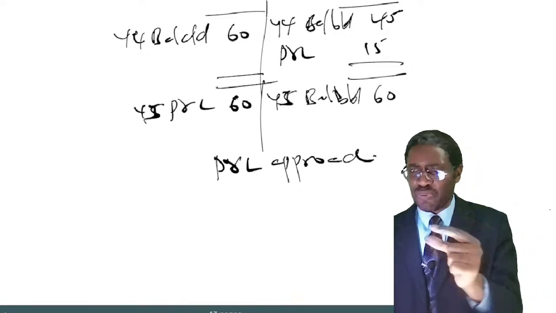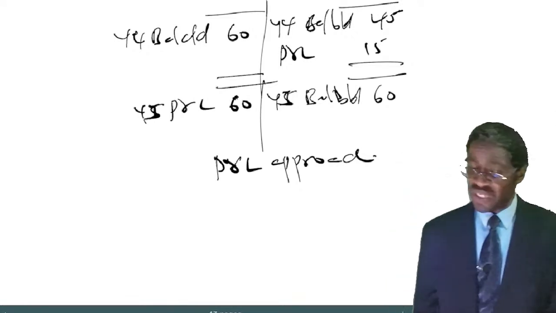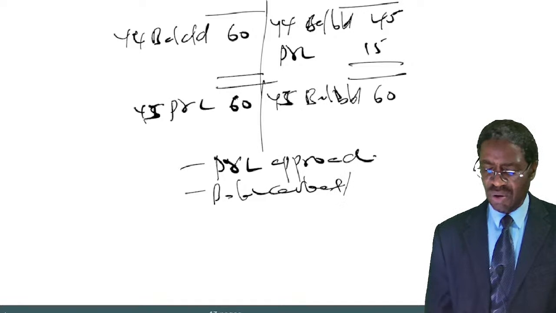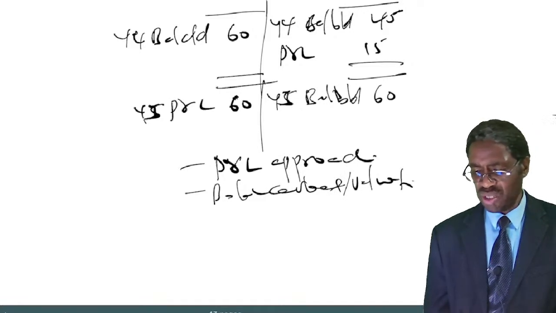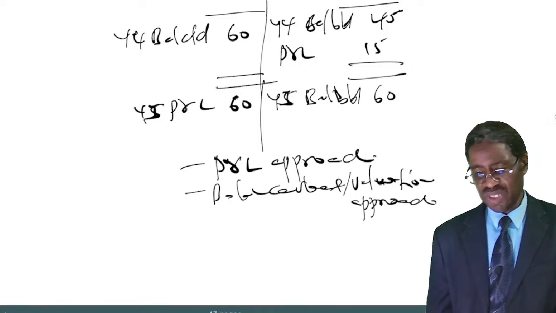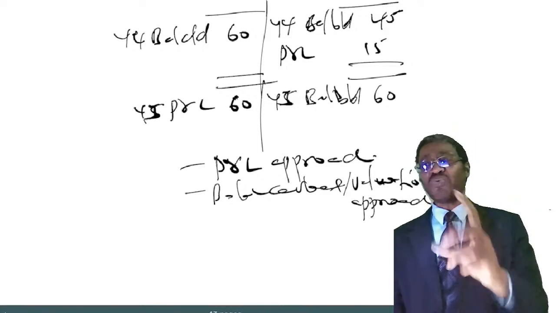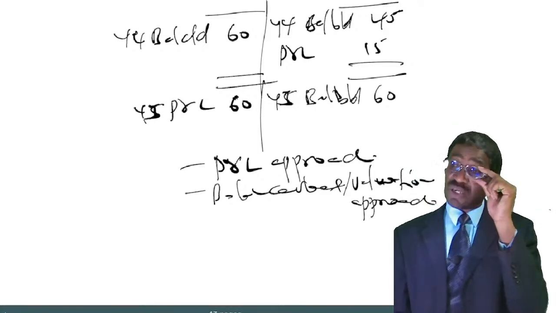There is another approach of computing deferred tax, and that's what we call the balance sheet, or valuation approach. This is the approach that the accounting standard on income tax recommends.